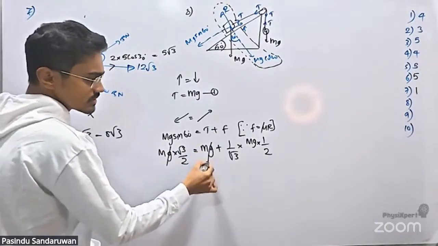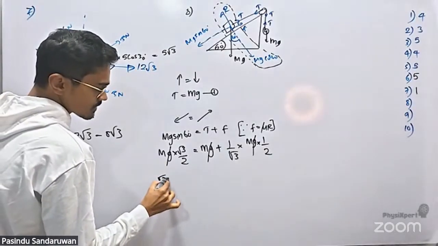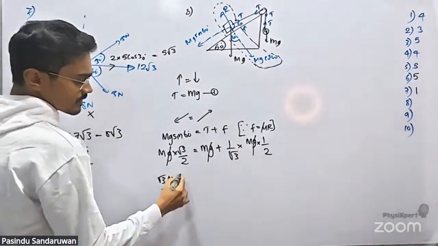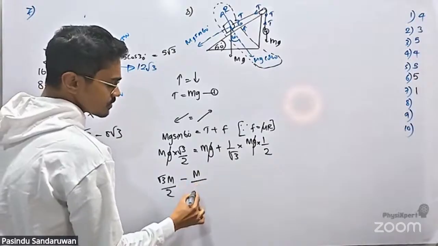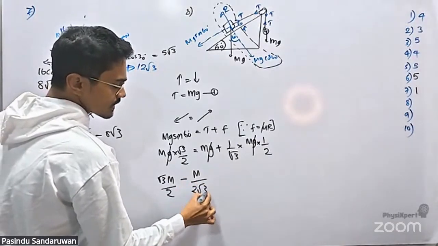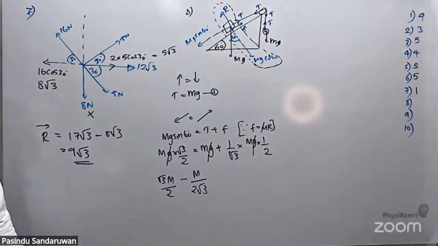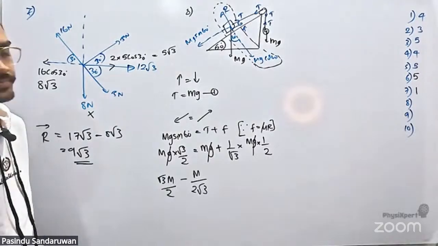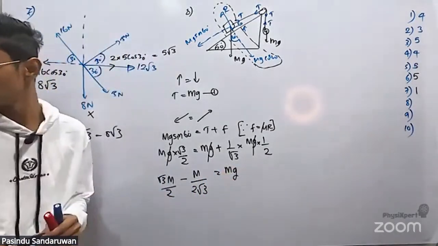This side is root 3 capital M over 2. You can take this to the other side, which means minus capital M over 2 root 3. Then this equals simple mg.